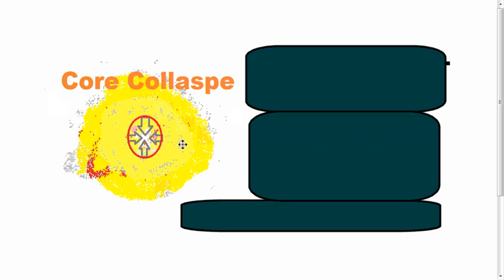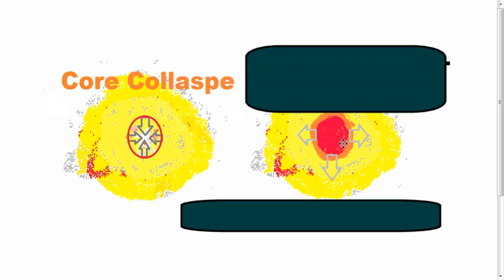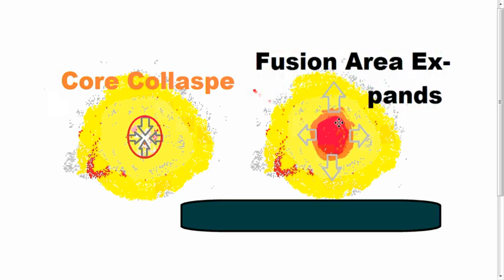So when the core collapses, and if it gets hot enough, it's going to start fusing helium in the center, and that's going to release more force outward. It's also going to release a lot of radiant energy, so that you're going to have fusion happening not only in the core but outside of the core.